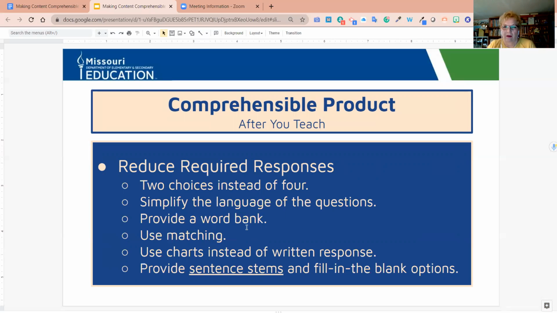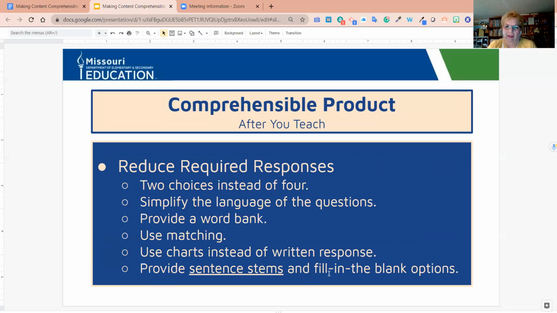And having them right there is not cheating, it's just giving them some assistance. Sometimes using matching is very helpful. And using charts instead of a written response, where they have the words or the answers on one side and they pick which answer goes in along with it.